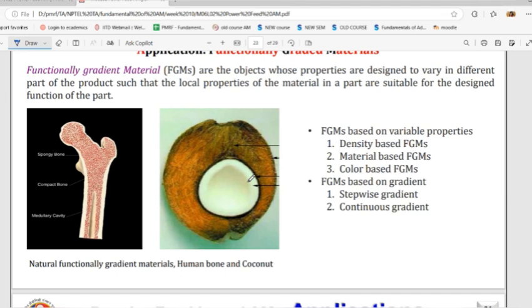Color based we are not talking about here, but density and material based we can definitely talk about, because material based is basically if you are mixing 2-3 powders, you can mix these powders differently at the time of deposition, because you are talking about the powder feeding technology. And if you are talking about the density, that also can be done. In case of lattice structures, you can take help of lattice structures to print parts with different density at different locations.